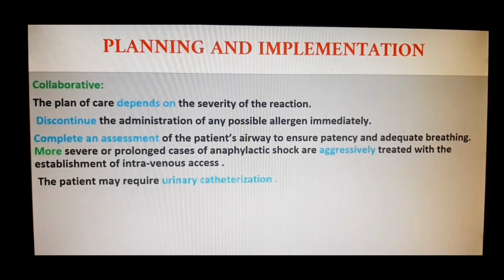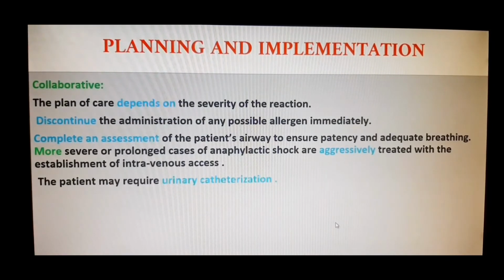Consider applying a tourniquet to the extremity with the antigen source. This procedure can delay antigen exposure to the systemic circulation, but the tourniquet needs to be released every 5 minutes, and it should not be left in place longer than 30 minutes. We must be careful in this step.